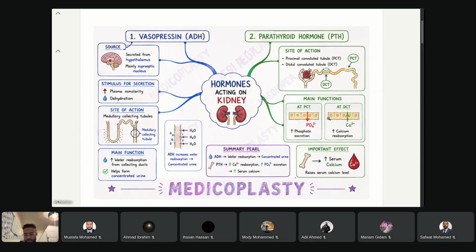Hope this is very clear. Parathyroid hormone increases serum calcium, raises the serum calcium level. How? By demineralizing the bones. It will take calcium from the bone.